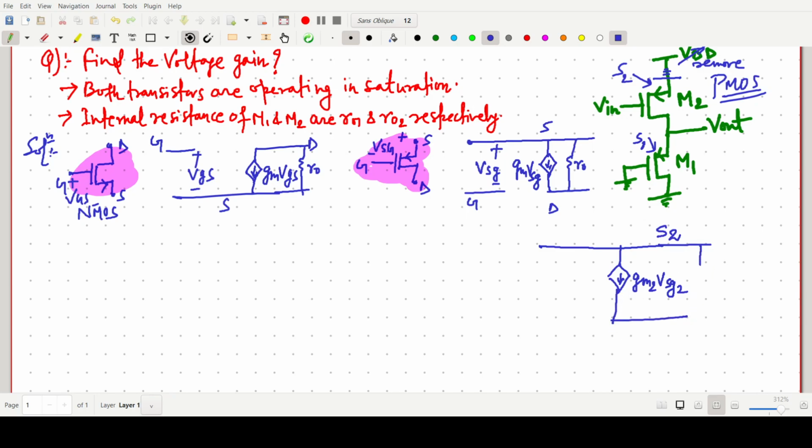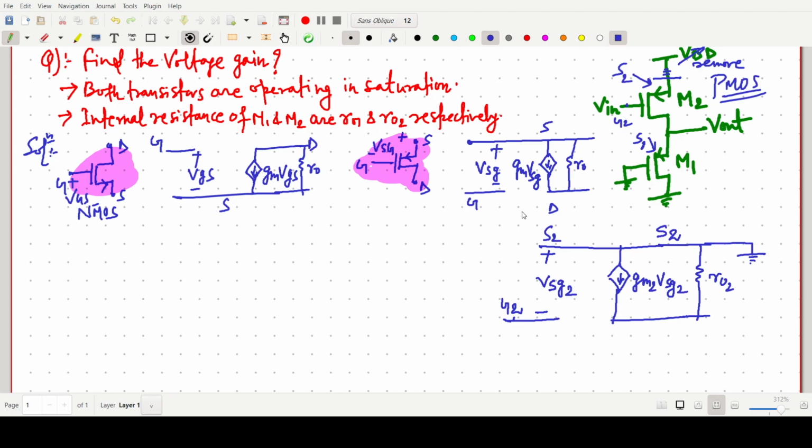And we can add the R02 resistance here, and for the small signal we have to make the S2 terminal grounded. All of these are the S2 source terminal. Then it should be plus and minus, and this voltage is simply SG2. Say this one is our G2, the gate terminal, gate of 2.